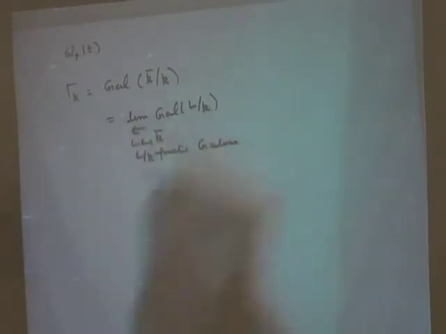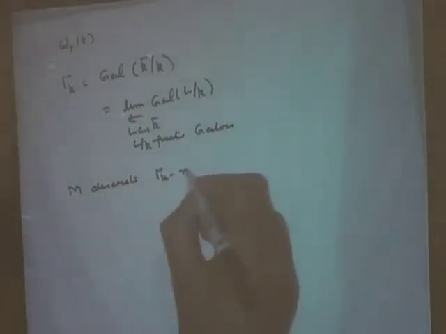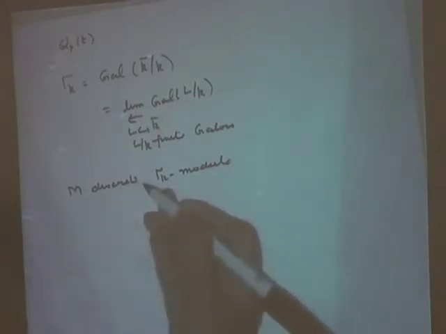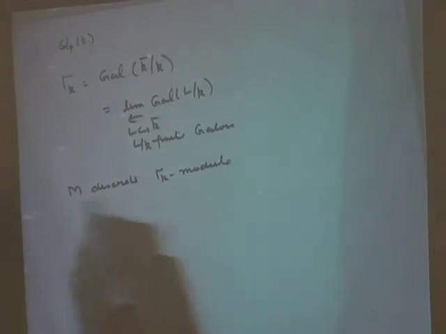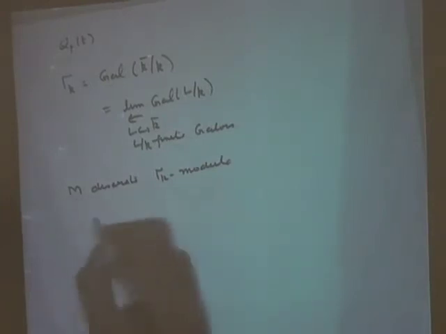Okay, this inverse limit gives it a profinite topology, and M is a discrete Gamma K module. By that we mean M is a module over this profinite group Gamma K, which is continuous for the profinite topology on Gamma K and the discrete topology on M. Okay, so that is what we mean by a discrete Gamma K module.